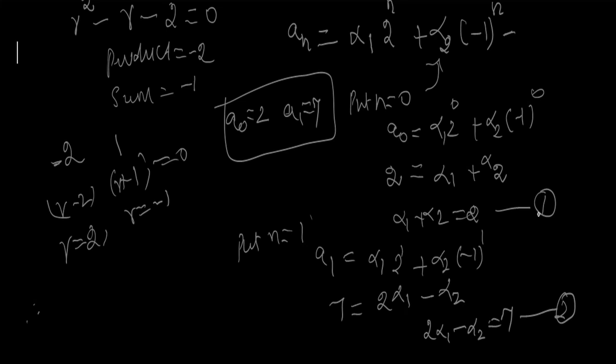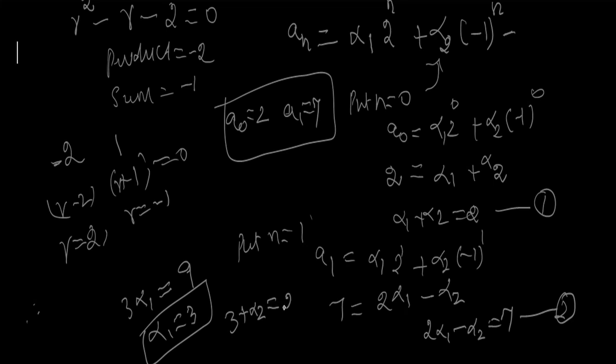Now, adding equations 1 and 2, alpha2 cancels, so 3 alpha1 equal to 2 plus 7, which is 9. So alpha1 equal to 3. Now put alpha1 equal to 3 in equation number 1. So 3 plus alpha2 equal to 2, so alpha2 equal to 2 minus 3, which is minus 1.